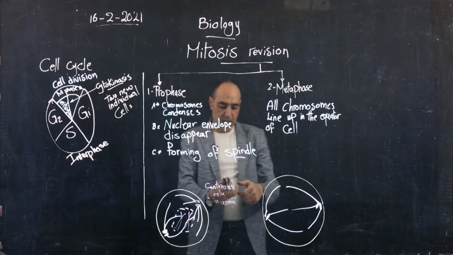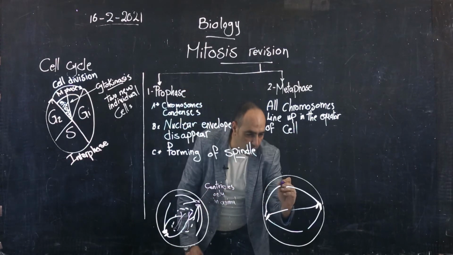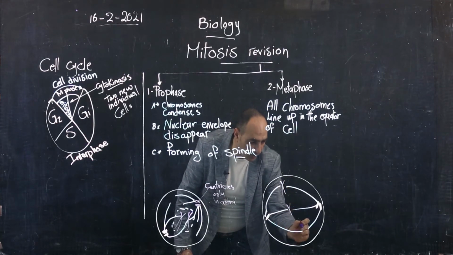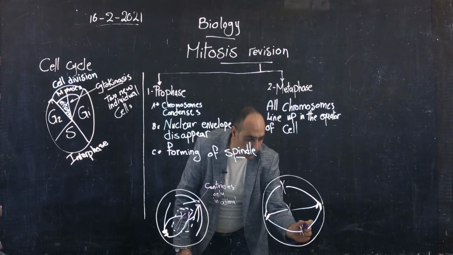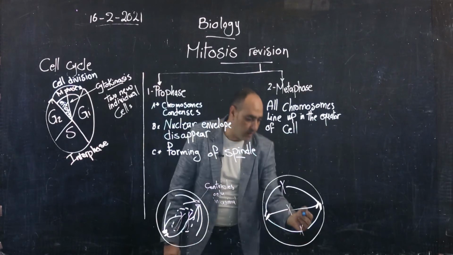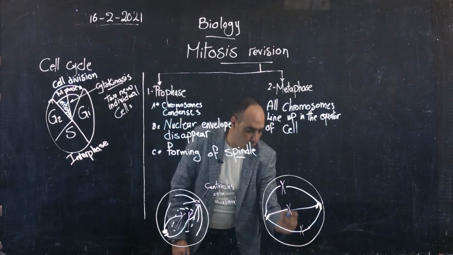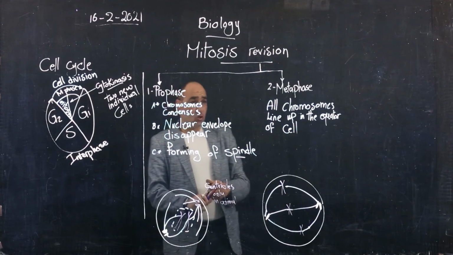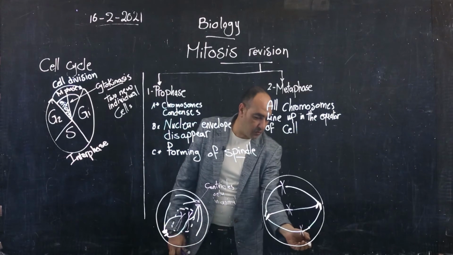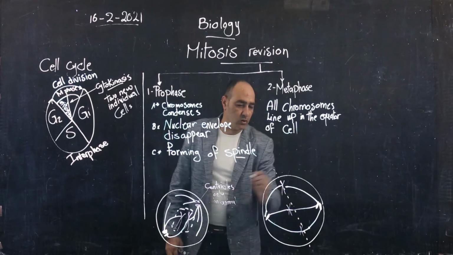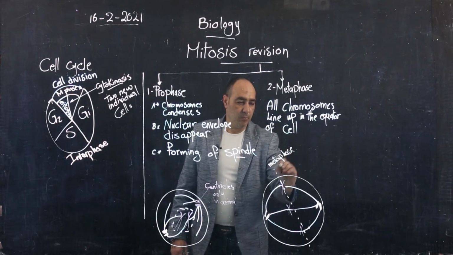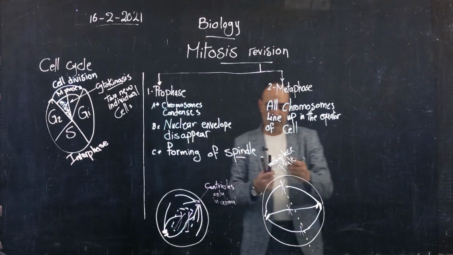In the metaphase, all the chromosomes will line up in the center of the cell, or the equator of the cell, and the spindle fiber moves these chromosomes from the centromere. So all the chromosomes line up in what we call the metaphase plate, or the equator of the cell. So they line up in the center of the cell.